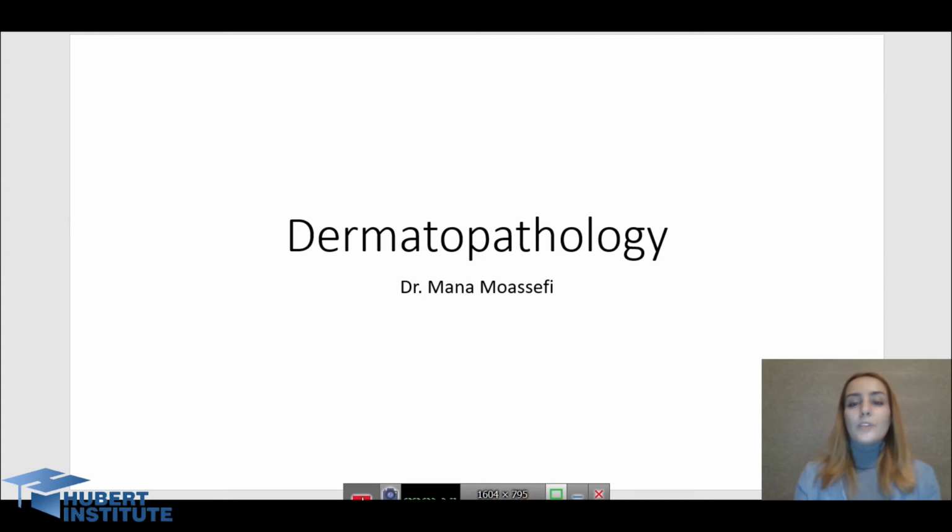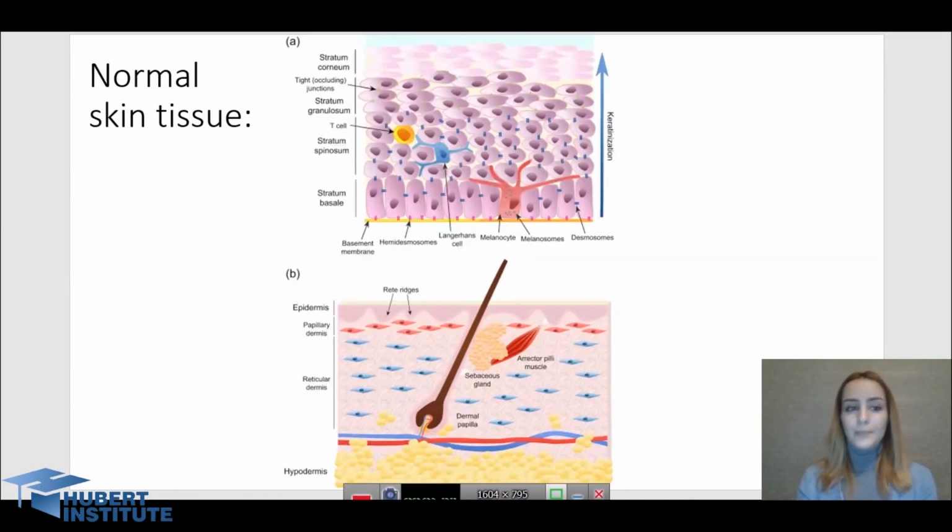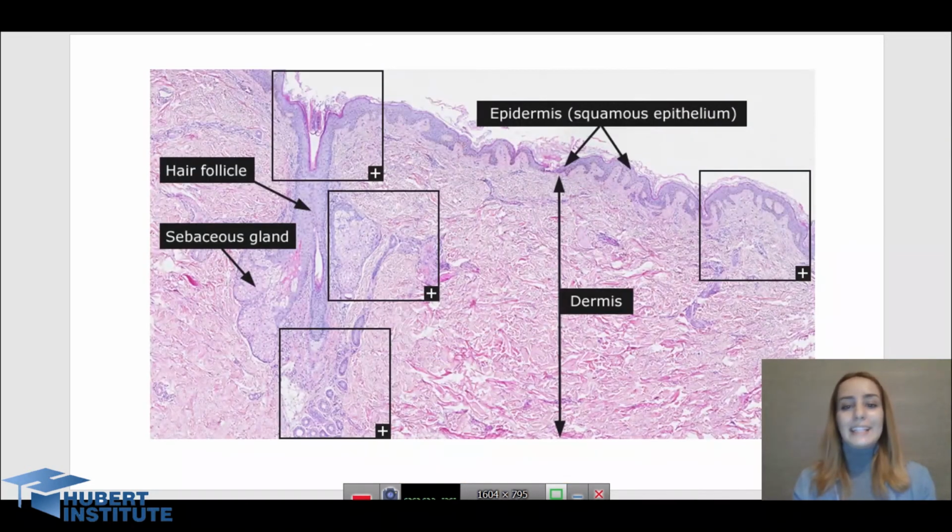To know about dermatopathology, we need to know a little about normal skin tissue, so I want to start by showing you that. If we cut our skin, color it in some ways and put it under the microscope, you can see something like this. This is the epidermis, the dermis, different parts of our skin tissue.